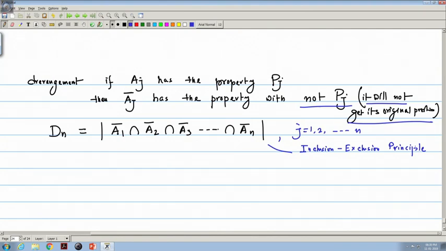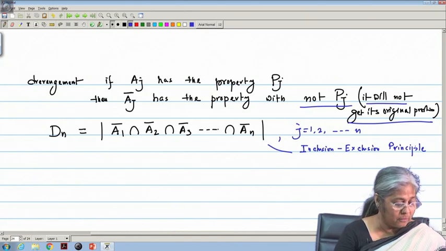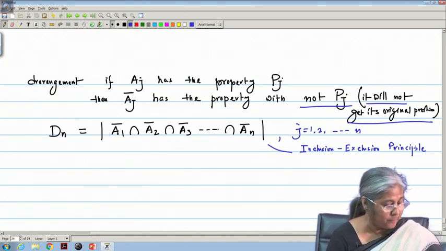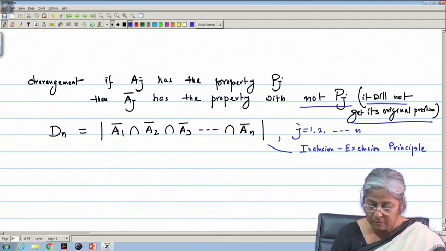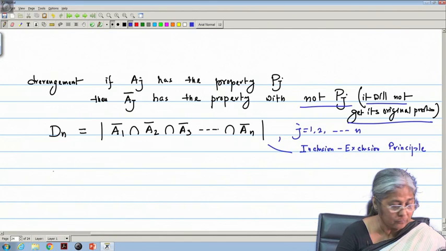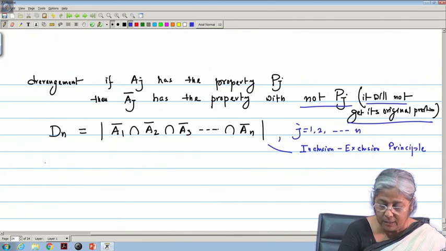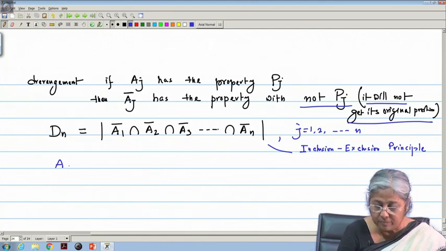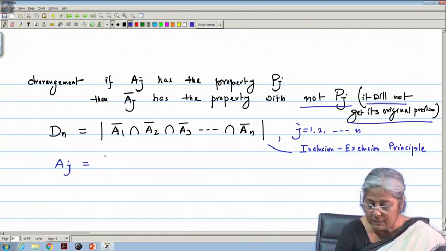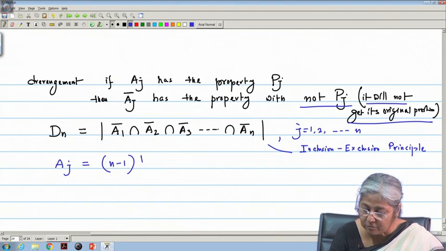Now, if I consider my first element, or the kth element, say any one element, Aj, then Aj can get n minus 1 factorial ways.